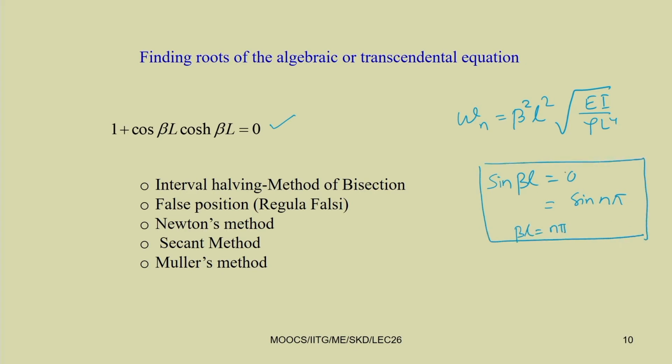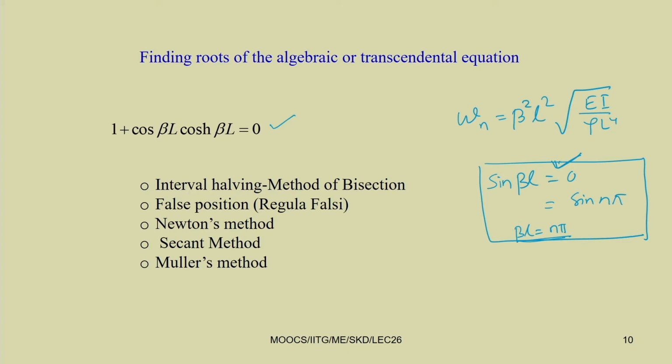As the equation is very simple for the simply supported beam, we got the beta L value easily. But sometimes in case of the fixed beam or the cantilever beam, we will not get this type of equation. There we may get an equation either 1 plus cos beta L into cos hyperbolic beta L equal to 0, or 1 minus cos beta L into cos hyperbolic beta L equal to 0, and we have to solve this equation to find the root.